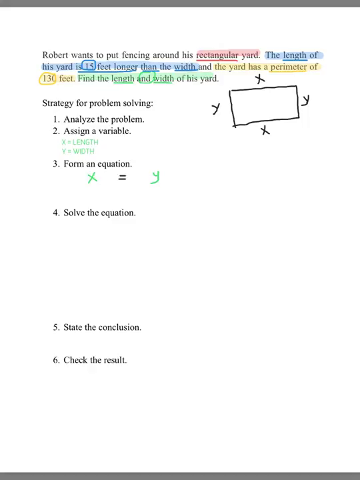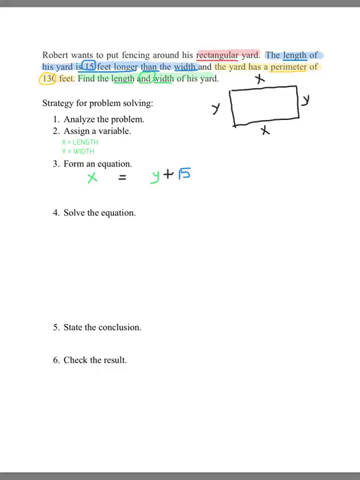So if we want this equation to be equal on the left as it is on the right, we're going to have to add 15 to the smaller, which means we're going to add 15 to the y. Let's verify this just to make sure. The width is smaller and the width is y, so if we add 15 to that, we should get the bigger, which is x, or the length. So yeah, makes sense.